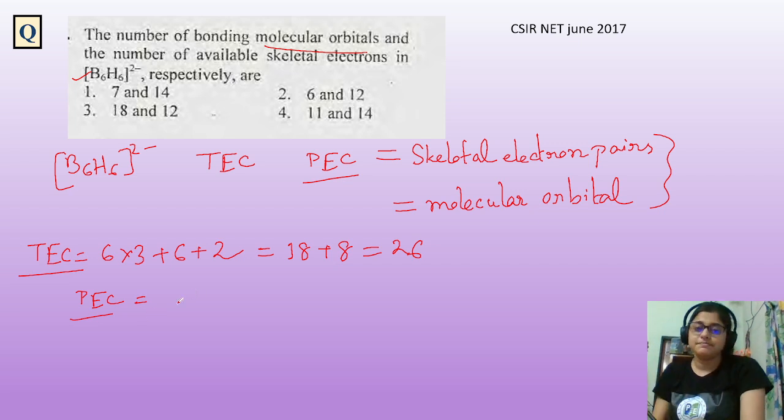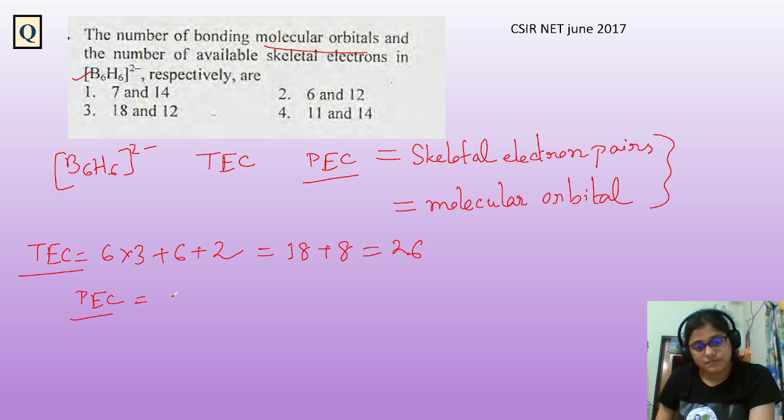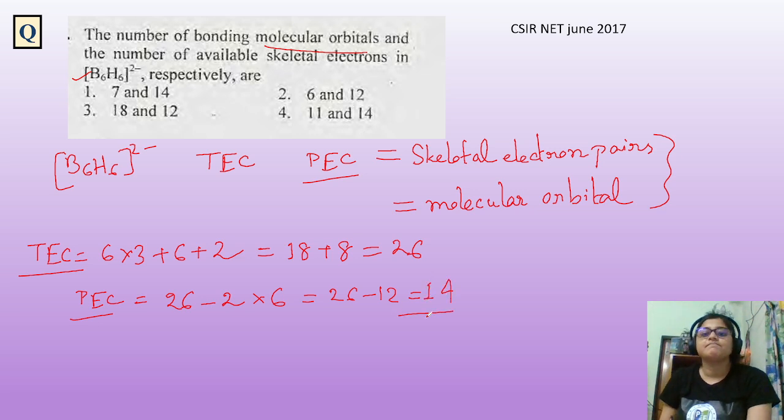PEC means 26 minus 2 into n, where n is 6. 26 minus 12, that is 14. PEC is 14.